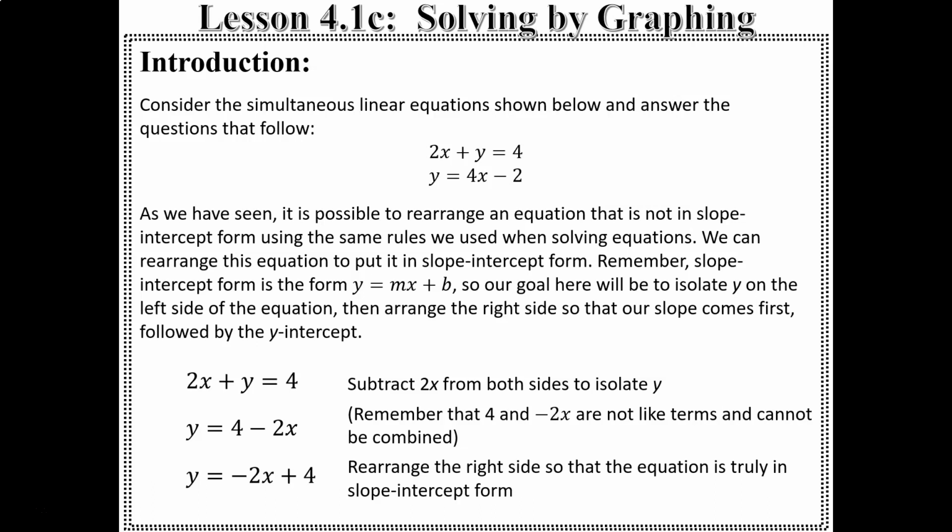So it gives you the example of this one. We're going to rearrange that one, and it goes step by step on how to do that. This is probably something that would be good to highlight in your notes. So the first thing we're going to do in this step is subtract 2x from both sides to isolate y. Remember that 4 and negative 2x are not like terms, so you can't combine them.